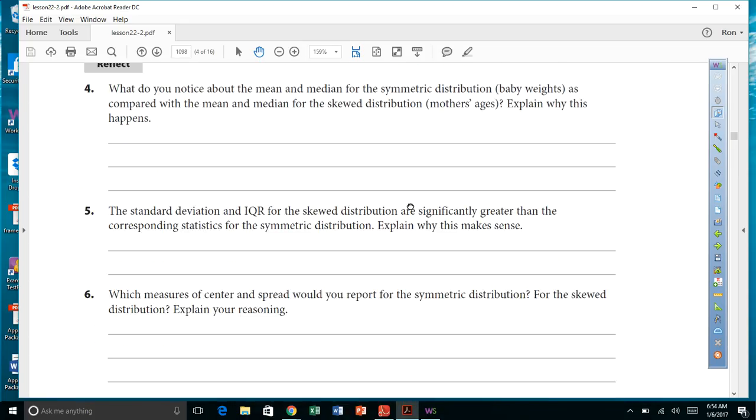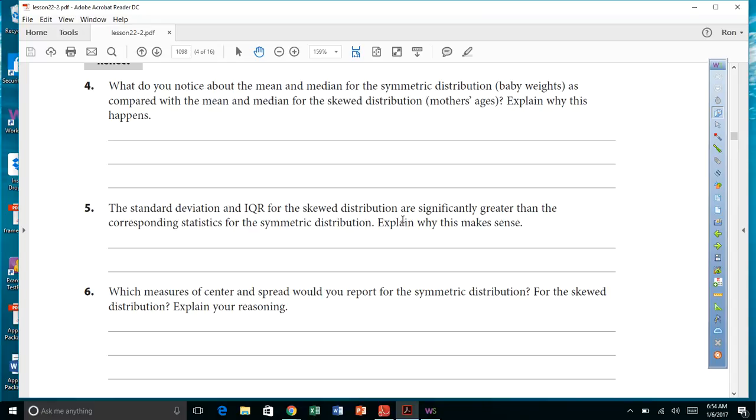So let's reflect. What do you notice about the mean and median for the symmetric distribution, baby weights, as compared to the mean and median for the skewed distribution, the mother's ages? Explain why this happens.